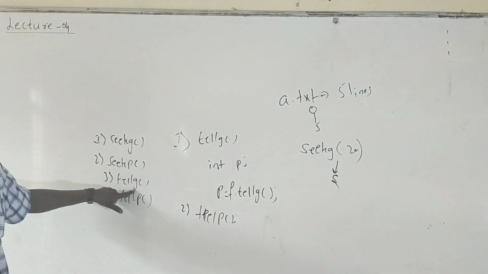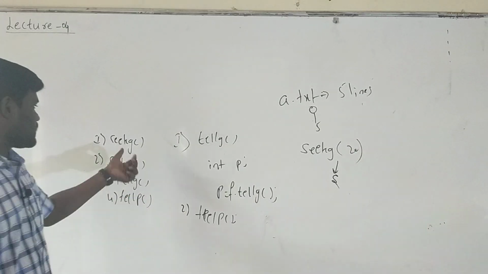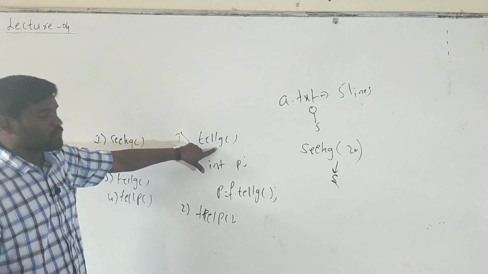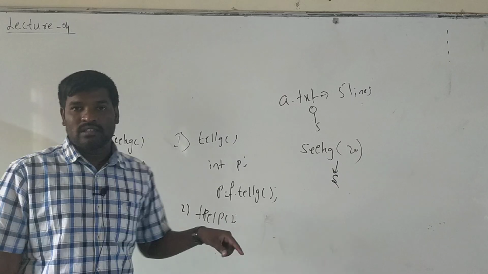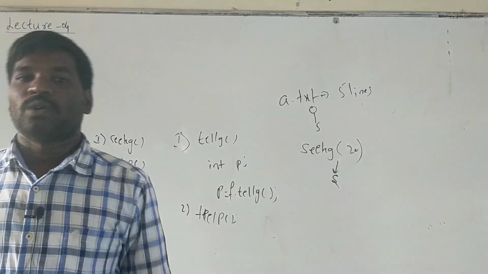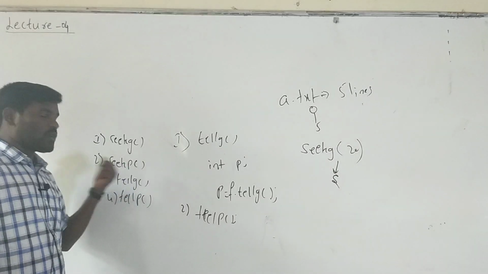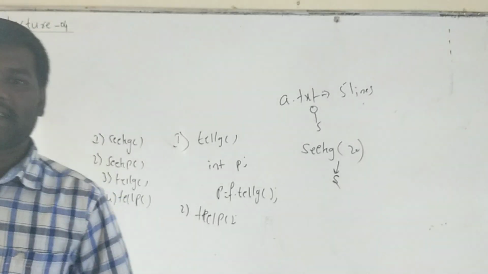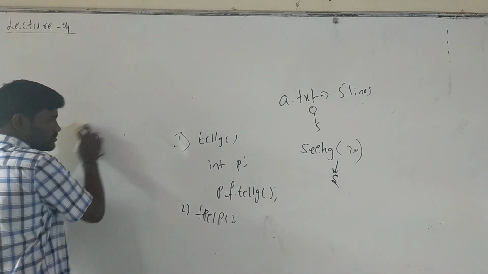Here g refers to the get pointer and p refers to the put pointer. Get pointer character position can be found with the help of tellg, and put pointer character position can be calculated with the help of tellp. So these four are the file pointer manipulation functions.